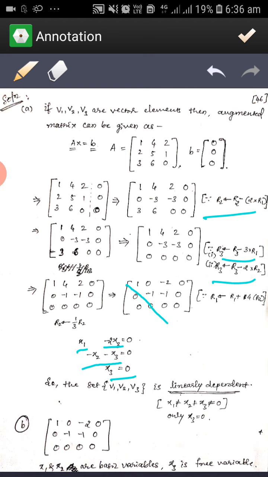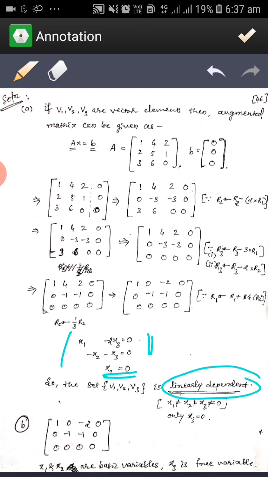If you see this, not all of x1, x2, x3 are 0. The other values are not zeros, because of that we call the system linearly dependent.